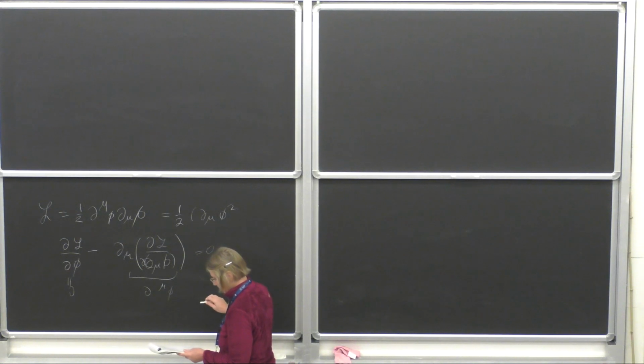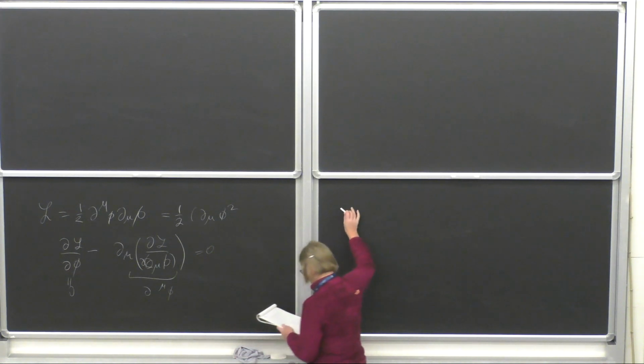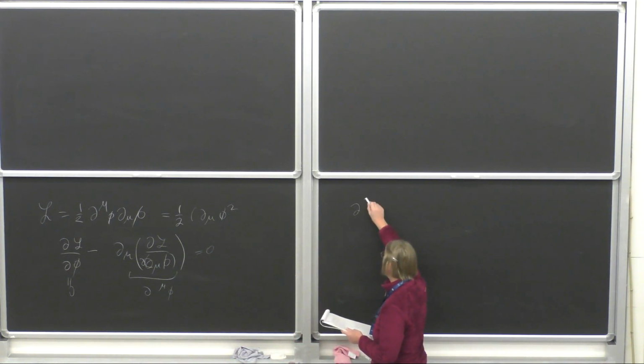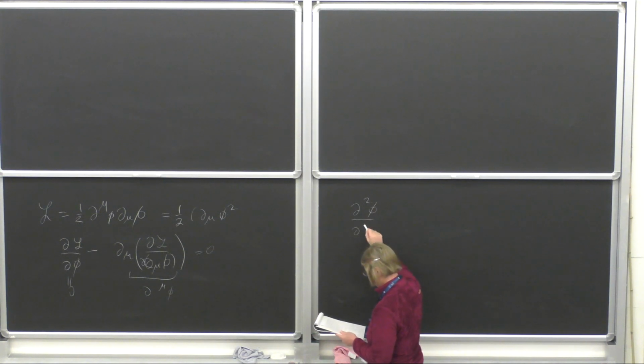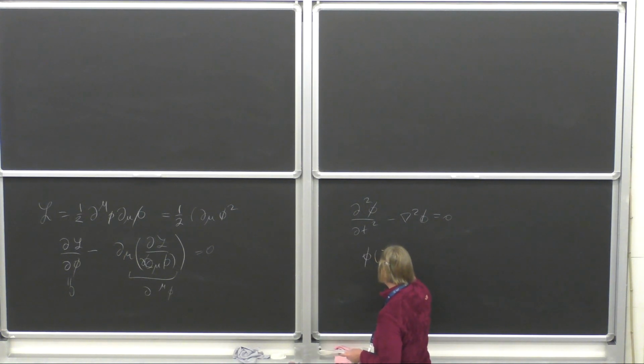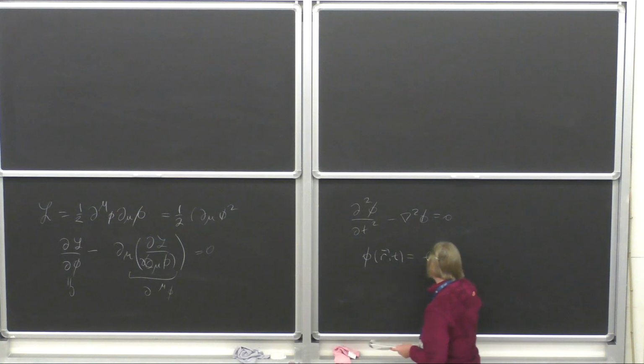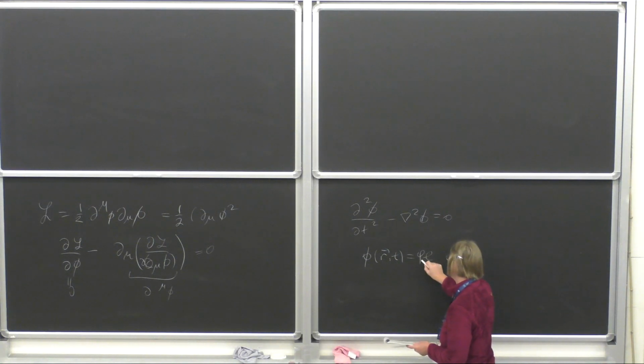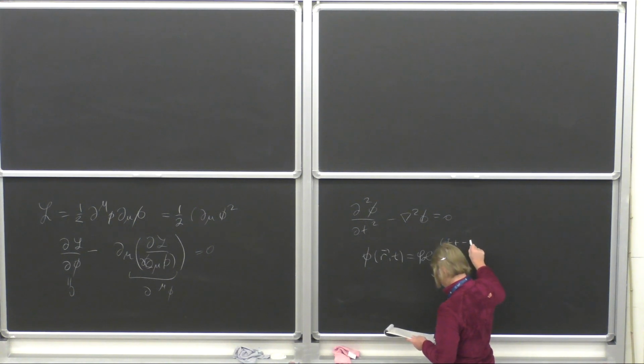And this has to be 0, and we end up with actually very simple stuff. So you have ∂²φ/∂t² equals 0, and the solution is obviously the plane waves, some field amplitude times e to the i(kr minus ωt).